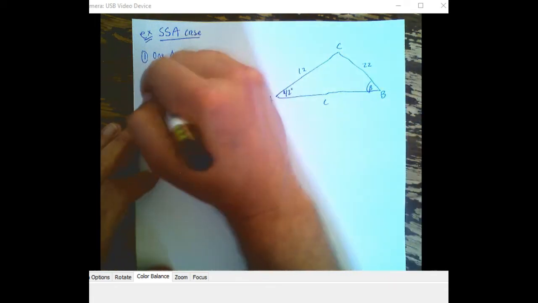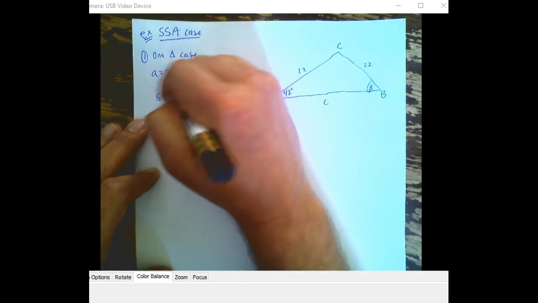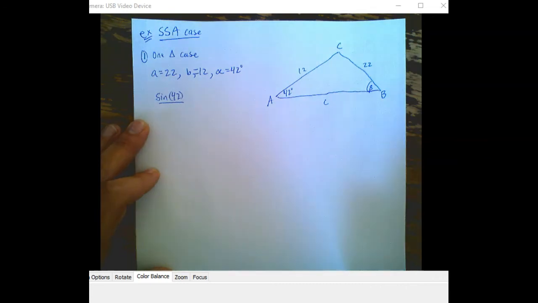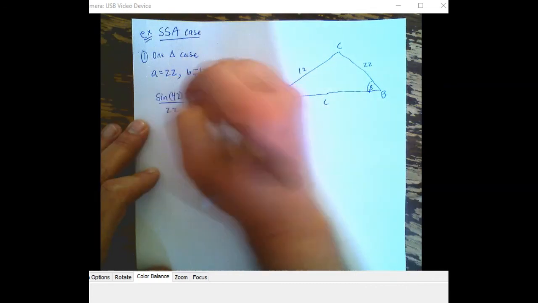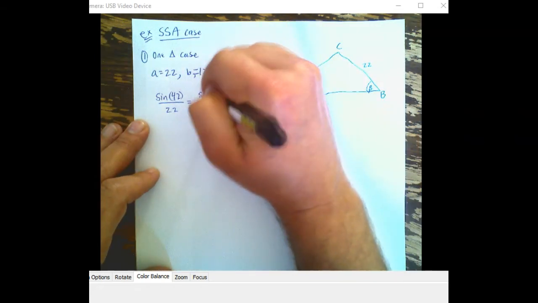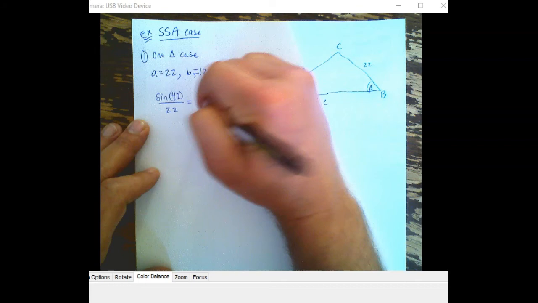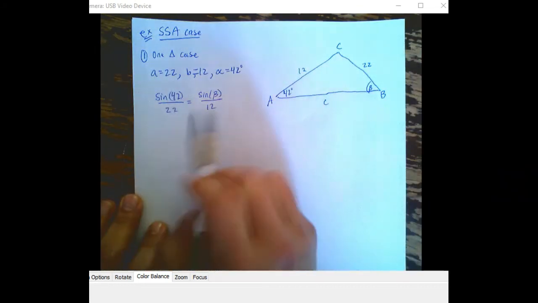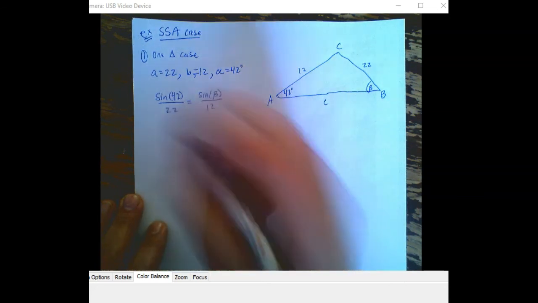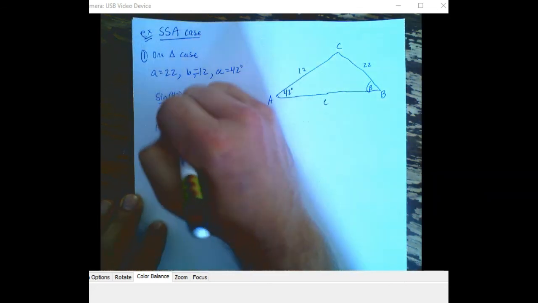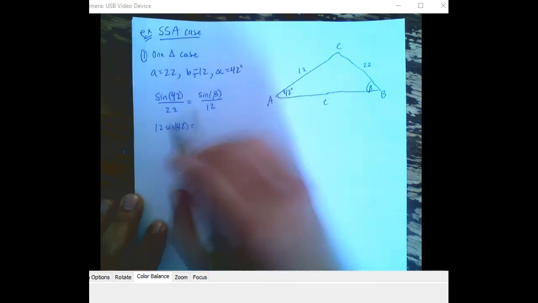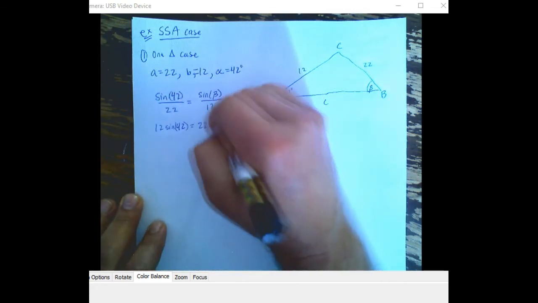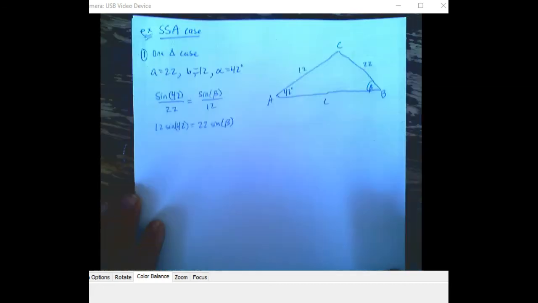So we know that the sine of alpha, 42, over little a, which is 22, must equal the sine of beta over 12. Let's cross multiply: 12 times sine 42 equals 22 sine beta.